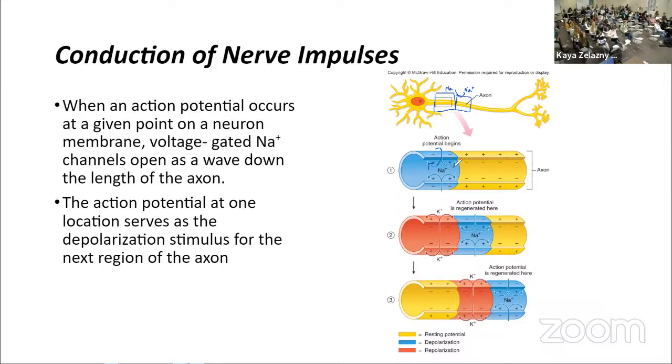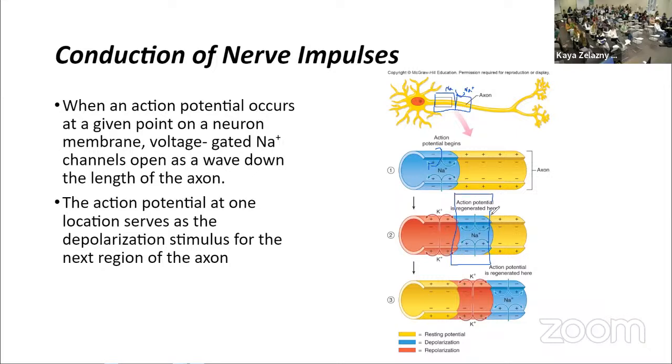But that membrane is just the same in that patch as it was in the first one, so it doesn't care why there are more positive charges there. It just cares that we got to negative 55, which is our threshold. So all those voltage-gated sodium channels start opening in that next patch. We have our next patch of membrane triggering off that action potential.